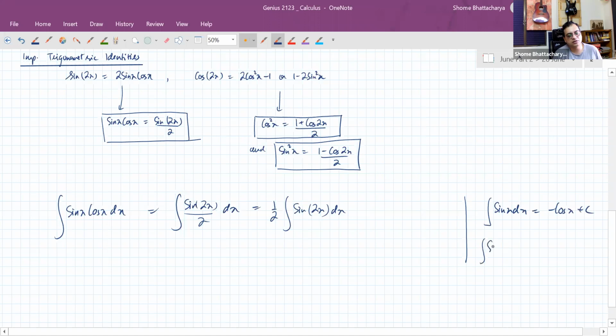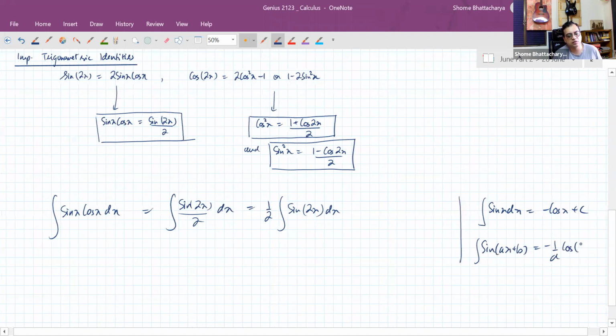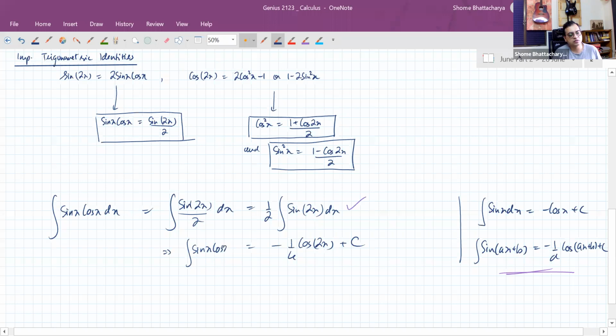So therefore integration of sine of a linear term will become minus 1 by a cos of that same linear term. So this can be used here. So this will become minus 1 by 4 cos of 2x plus c. So integration of sine x cos x.